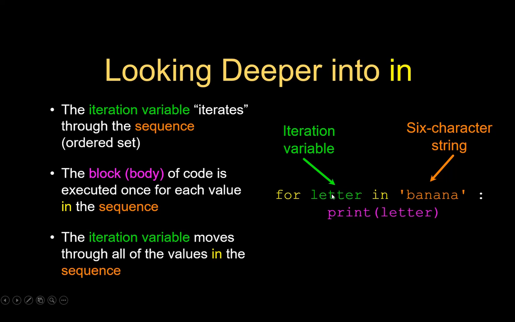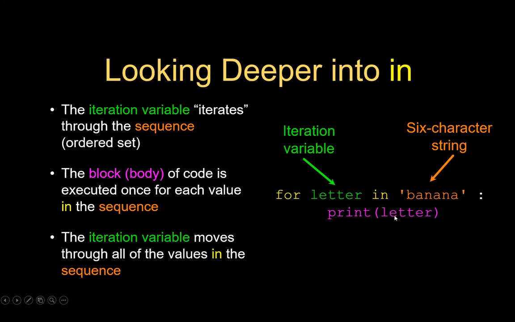So at the first iteration, this letter is going to be B at the position 0. The next iteration, the letter is going to be position 1 or index 1, which is going to be character A, and this will continue for 6 times, and by each iteration inside the for, we have a print statement, which is going to print out the letter for us.